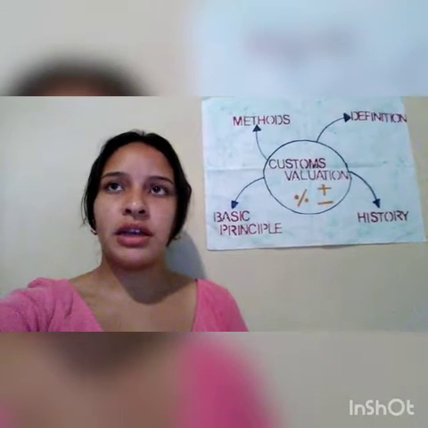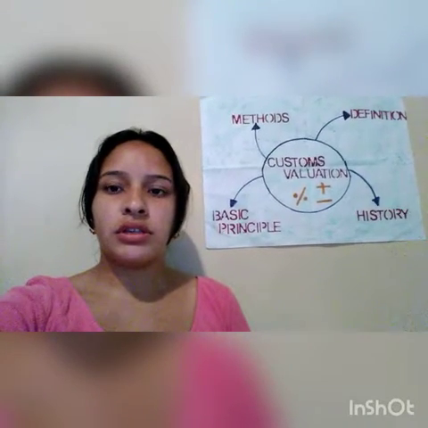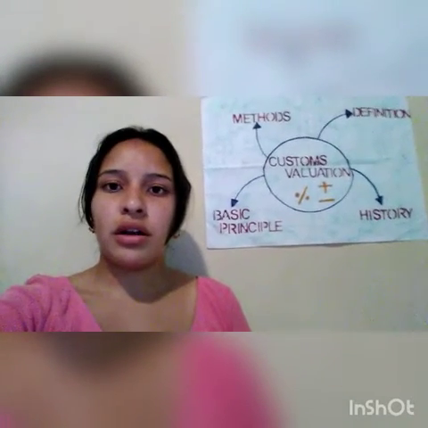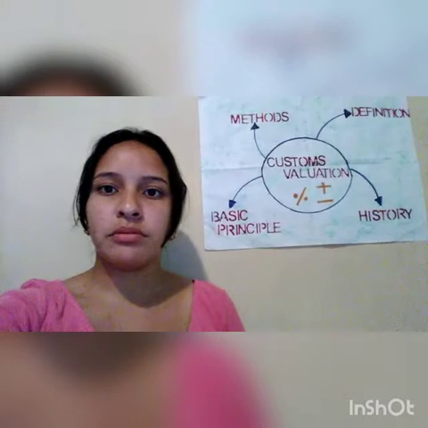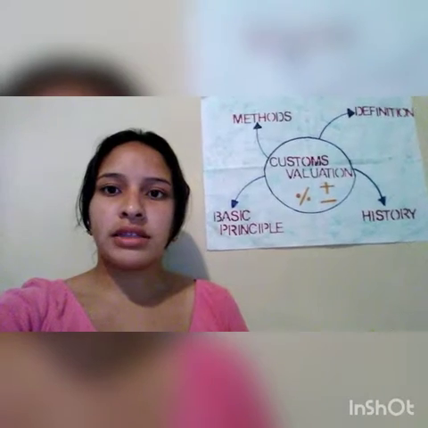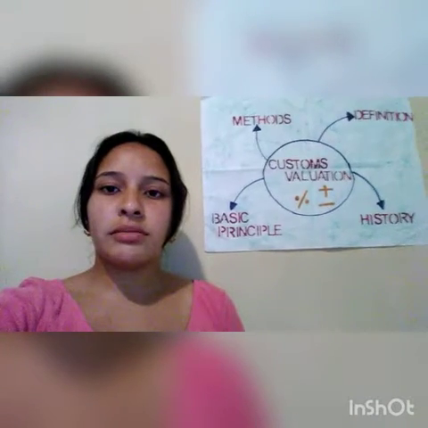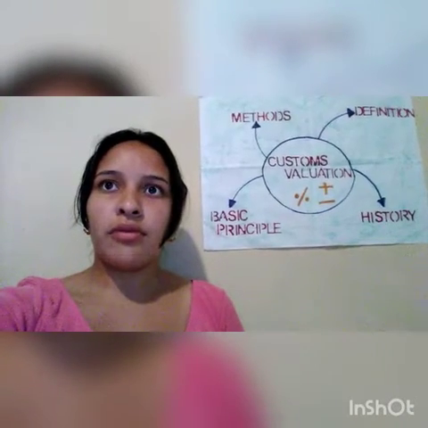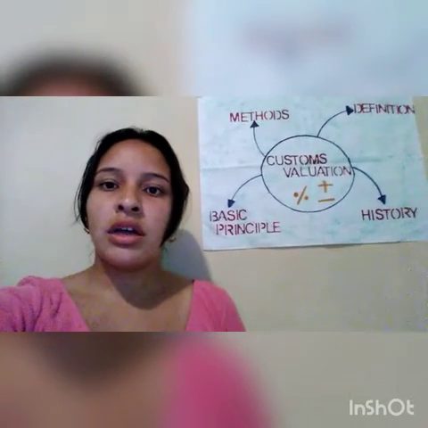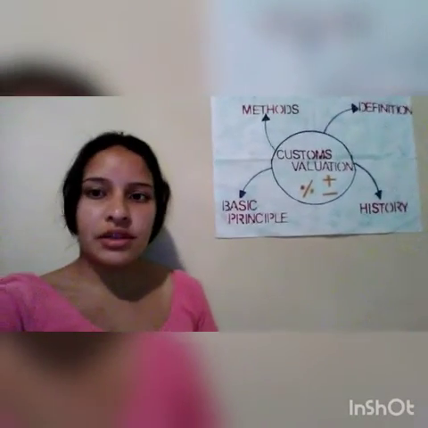It stipulated that the value for custom purpose of the import merchandise should be based on the actual value of the imported merchandise on which duty is assessed, or of like merchandise, and shouldn't be based on the value of merchandise of national origin or on arbitrary or fictitious values. Basic principle is transaction value.